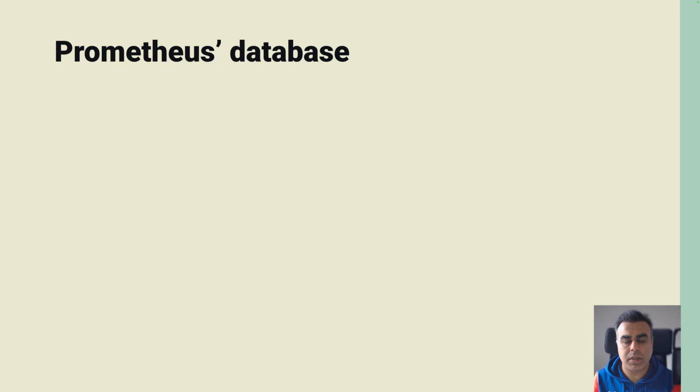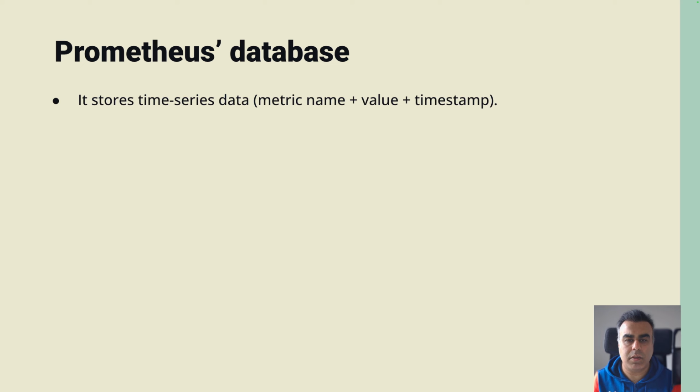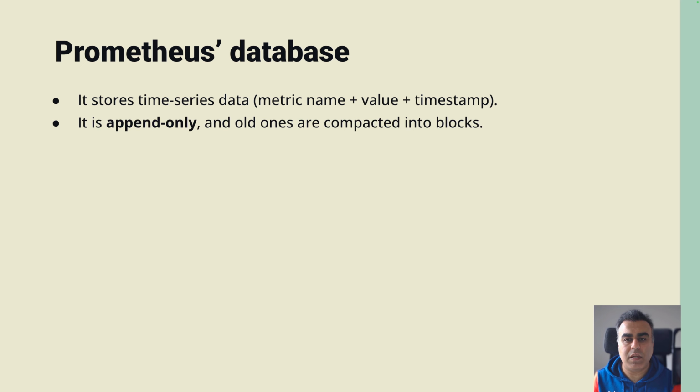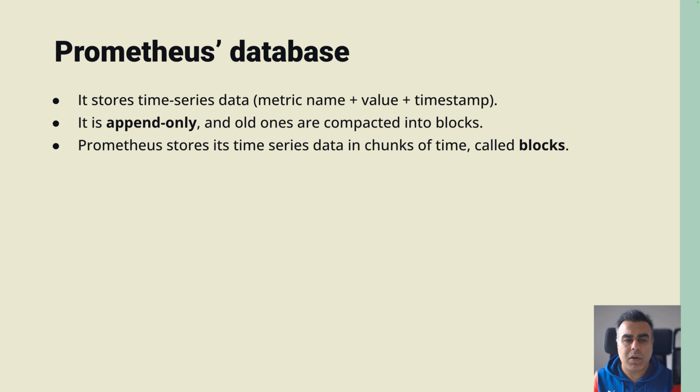dashboards. And the next part is the Prometheus database, and it's important to know some information about this database. It's a time series database and stores the metrics and values with timestamps. It's append only and will store the information in blocks. Blocks are the chunks that the Prometheus database creates and puts the data in.